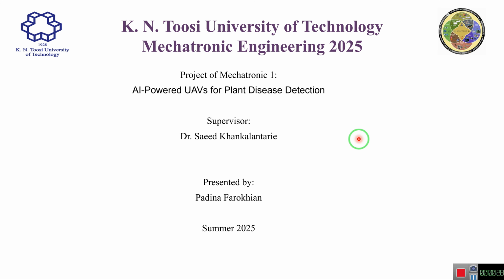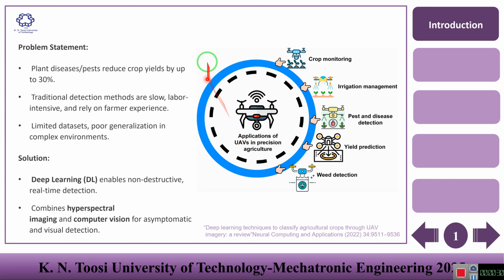So, first of all, why we even use UAVs in agriculture and also integrate artificial intelligence with it. The problem is that in today's world, some outdated methods of farming can't be applied to agriculture anymore.